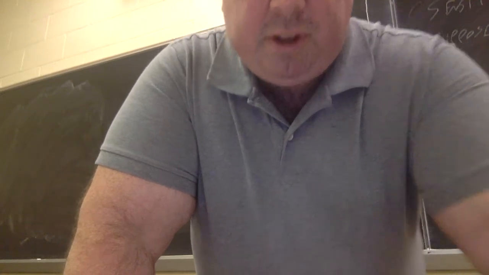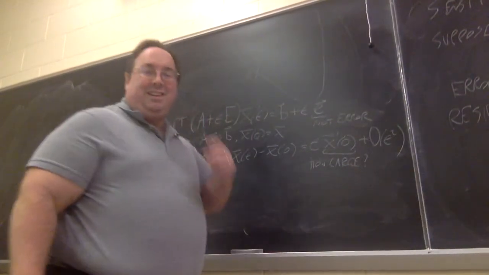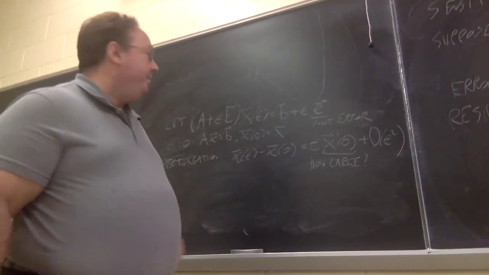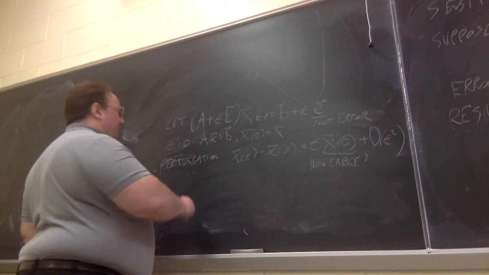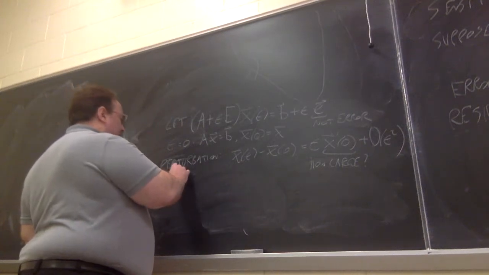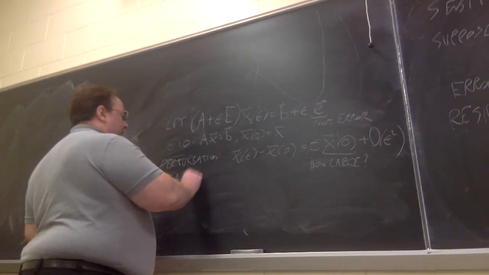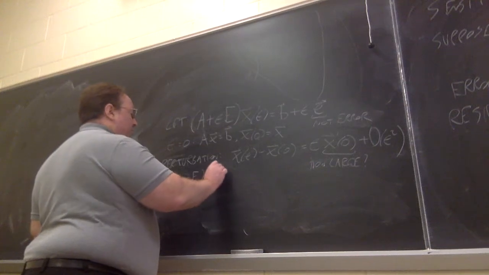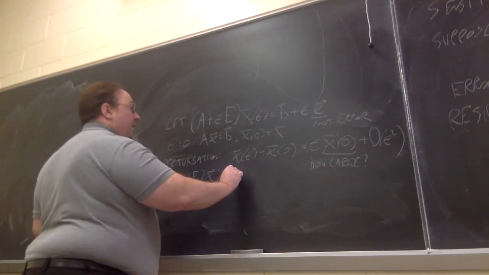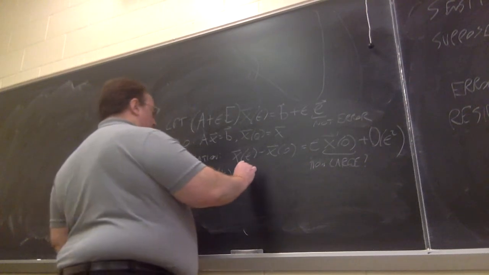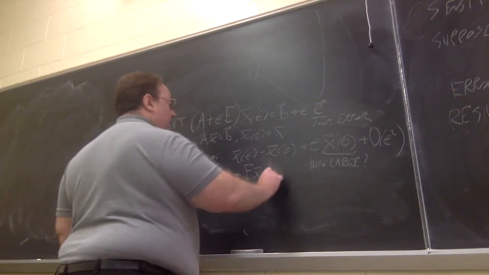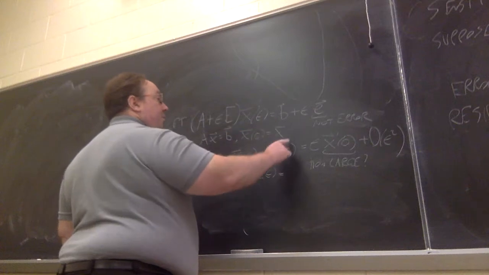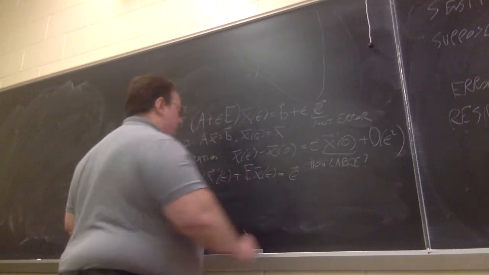That's kind of weird, but okay. So if I differentiate both sides with respect to epsilon, then I have A plus epsilon E times x prime of epsilon plus E times x of epsilon is equal to little e.